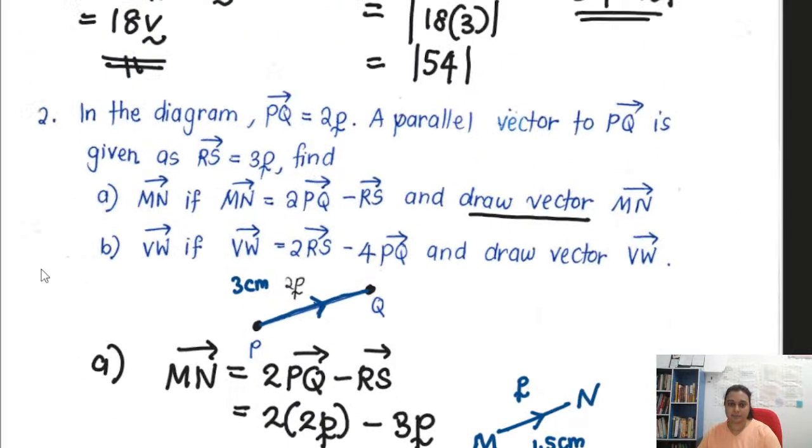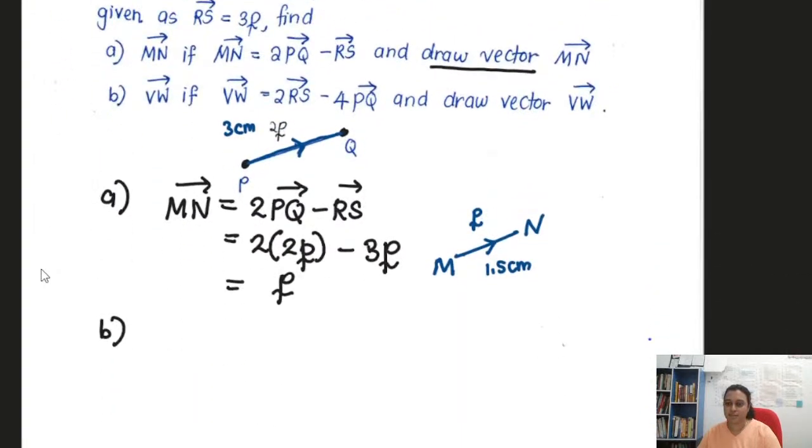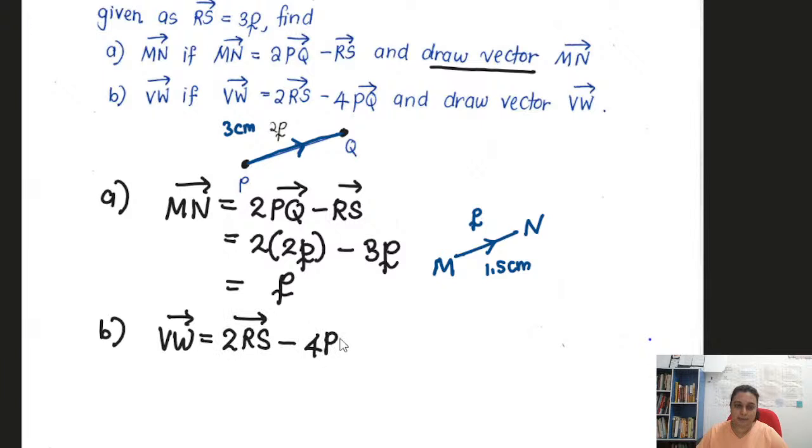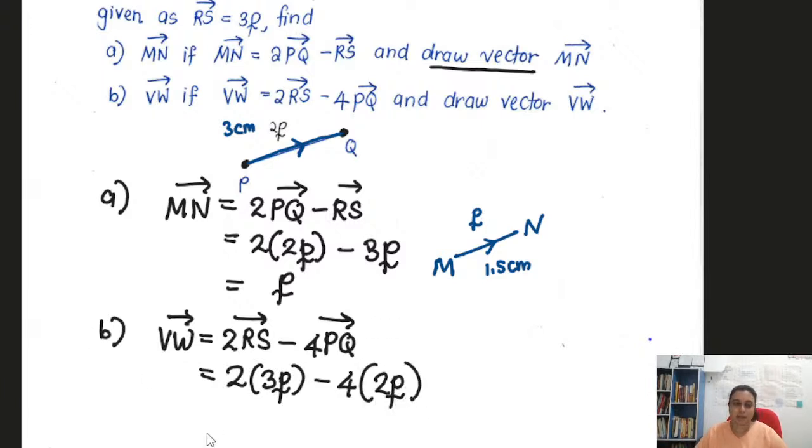Okay, B. VW. So we're going to do VW now. VW equals 2RS minus 4PQ. So kita cari dulu nilai. We find what's the answer first. RS is 3P. PQ is 2P. Vector 6P minus 8P, negative 2P.